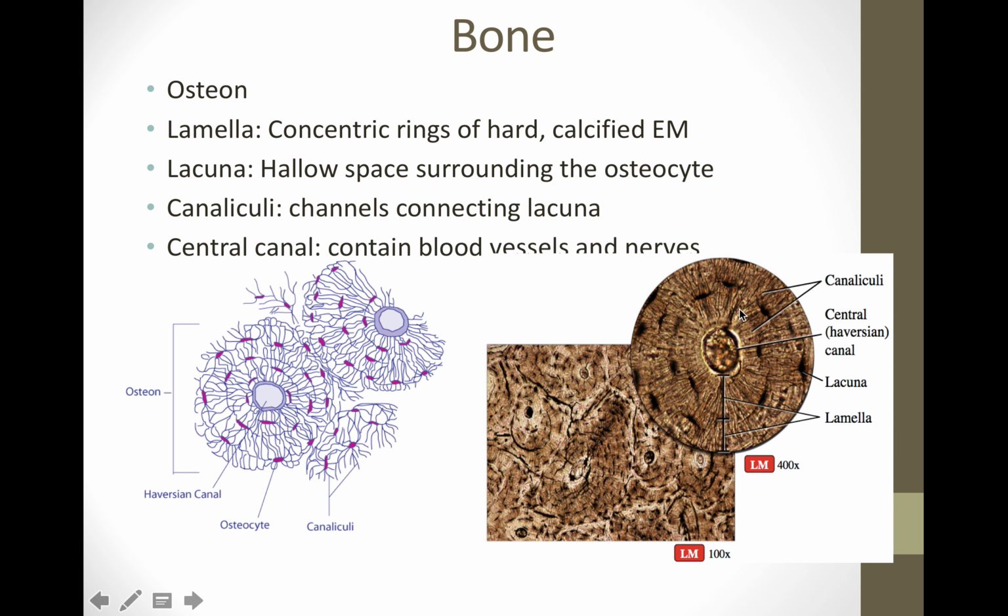And then you have these little tiny lines that are radiating away from the central canal, and these are the patterns you see going like this, and more clearly here, these tiny channels called canaliculi, as in tiny channels. Now, anything you see in the background, so basically the brownish color, that is where you can find your calcium salts or calcium phosphates, which basically gives the bone its rigidity as well as its hardness.